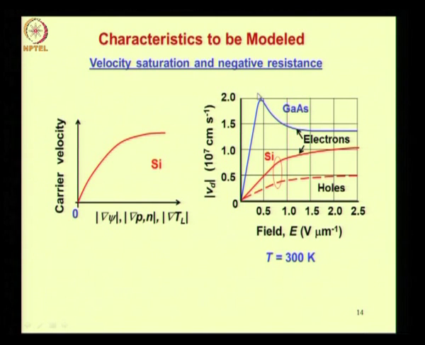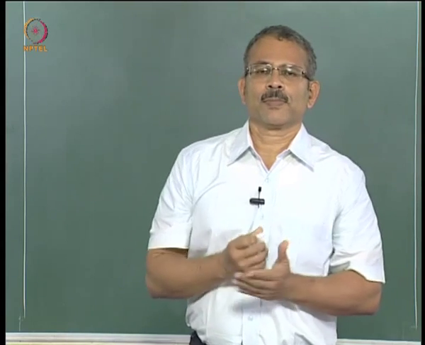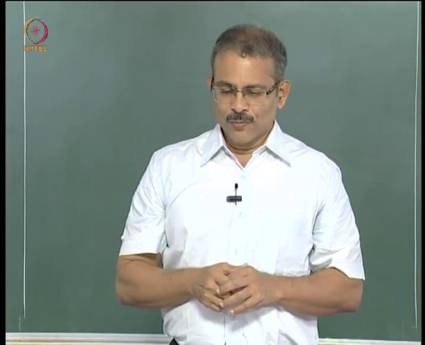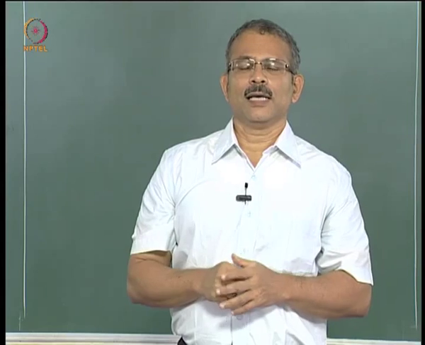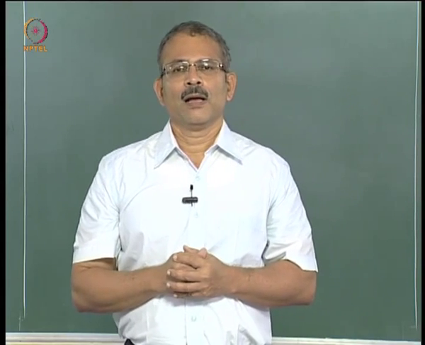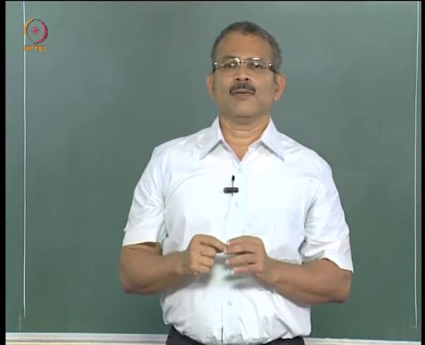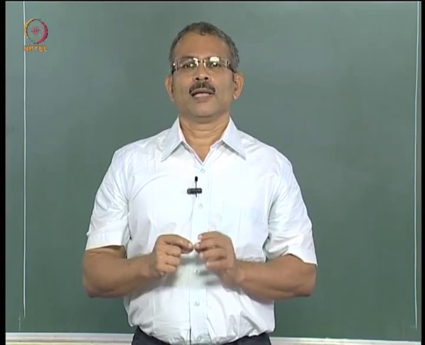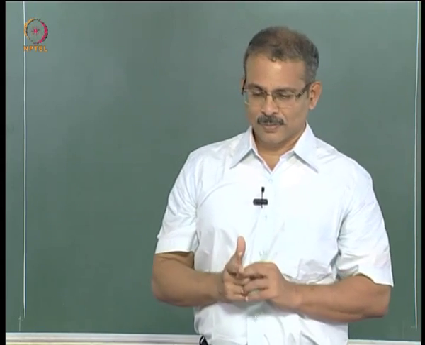So this region where the velocity decreases with electric field is called a negative resistance region, because this means that the current is decreasing with voltage. So we would like to explain the velocity saturation behavior in detail, and we will explain very briefly how the negative resistance region arises.